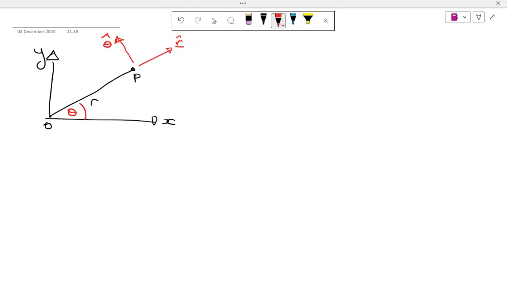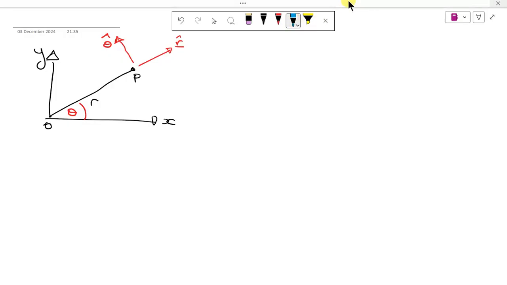Now, we have to derive some expressions from this basic diagram that we've drawn here. So we're going to add a few more notes to this diagram. We'll stick with blue for now.